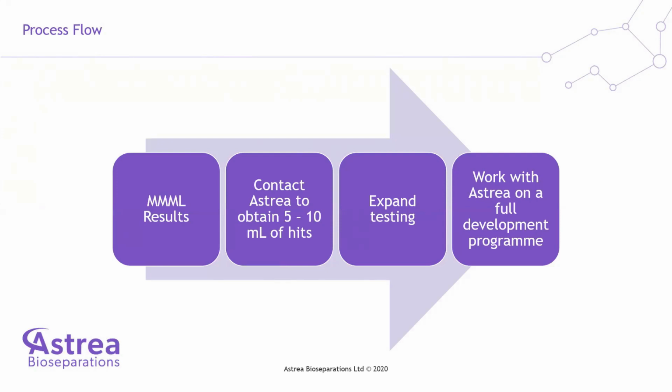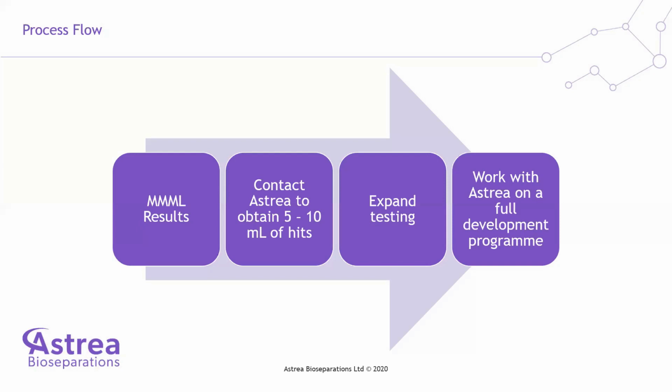So then you probably would expand the testing a bit. At this stage, of course, you would be able to determine the dynamic binding capacity. You can take a look at better elution conditions, uses of gradient. You, of course, would be able, if you're using columns, to regulate flow rates and all that.